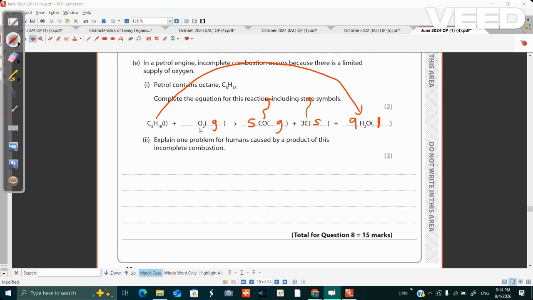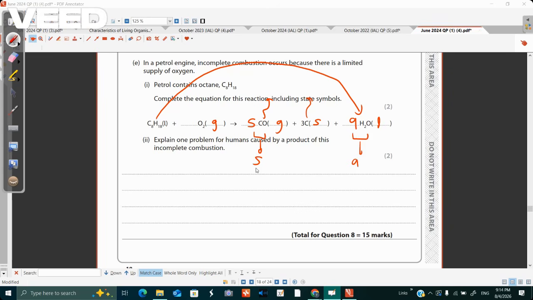Finally, if there is a molecule made up with only one element, when you are balancing an equation, leave it for later, finally. Because it's easier to balance, right? You can find the number of atoms and put a coefficient value here based on that. Now here, 5 carbons, 5 oxygens are released here, 5 oxygen atoms. 9 oxygen atoms are released here.